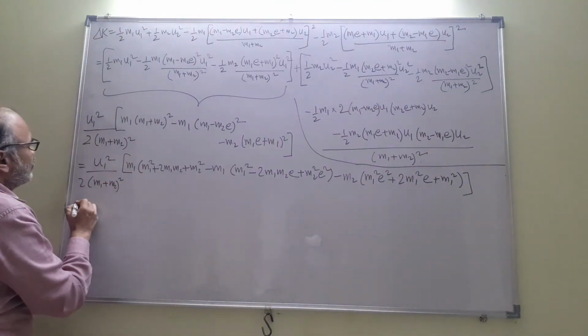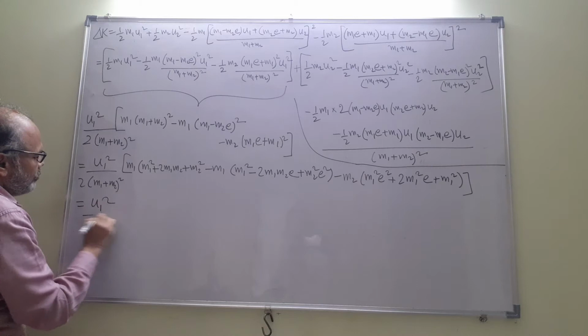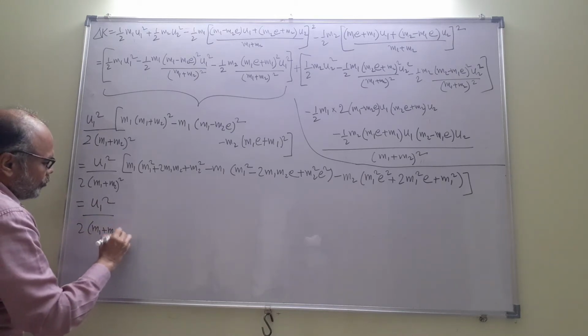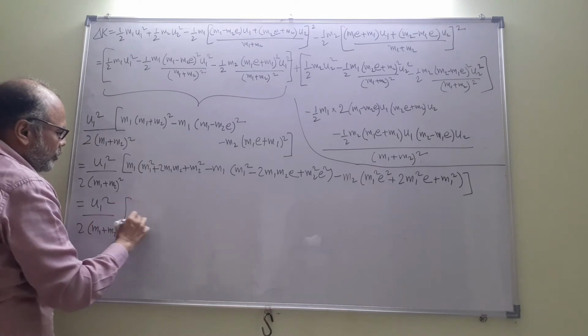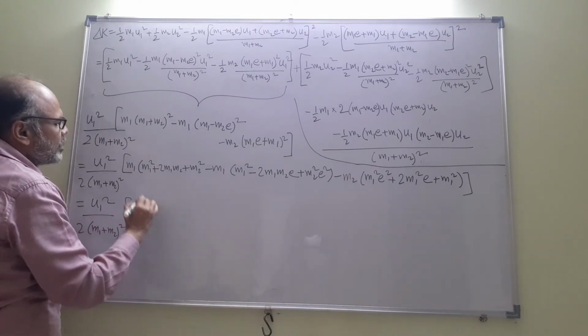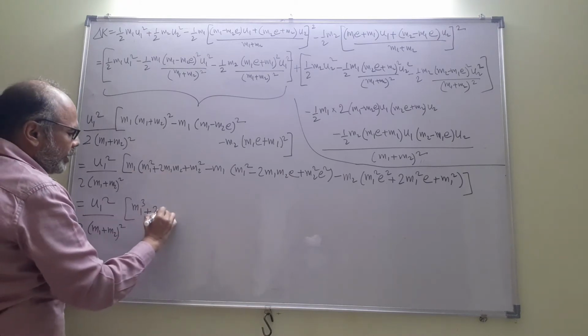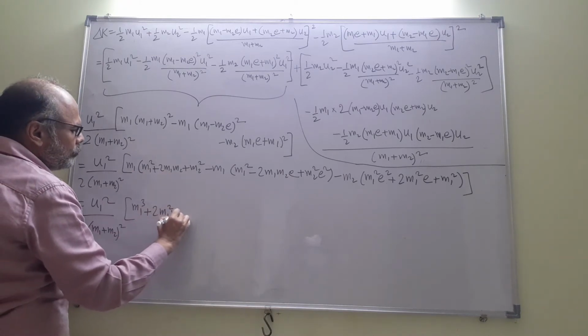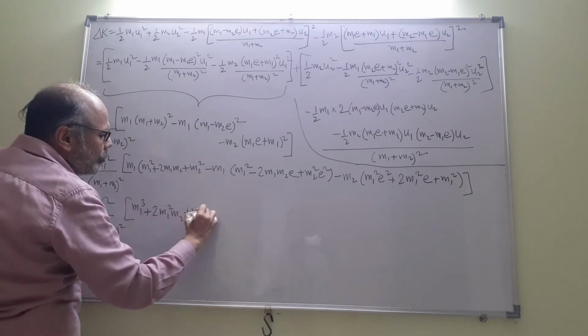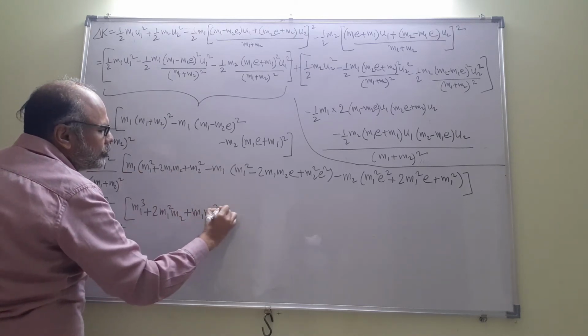So this will be u1 squared by 2 (m1 plus m2) the whole square into, this will be m1 cube plus 2 m1 squared m2 plus m1 m2 squared.